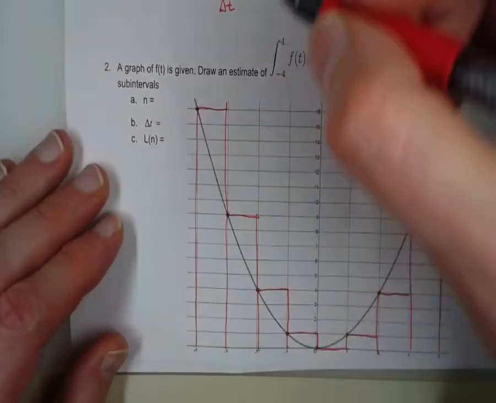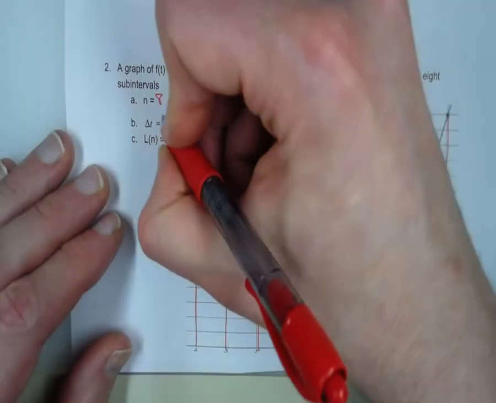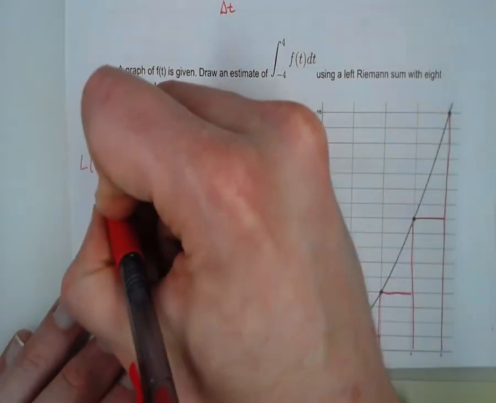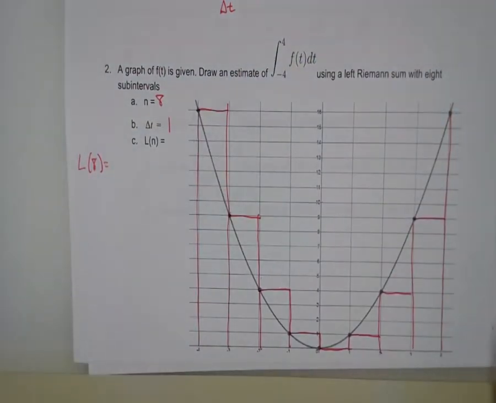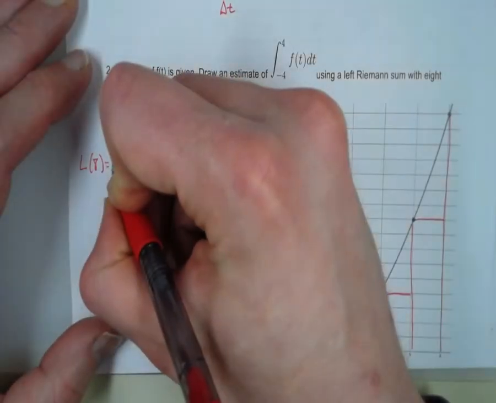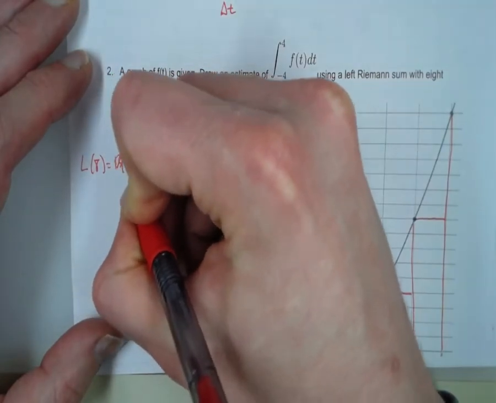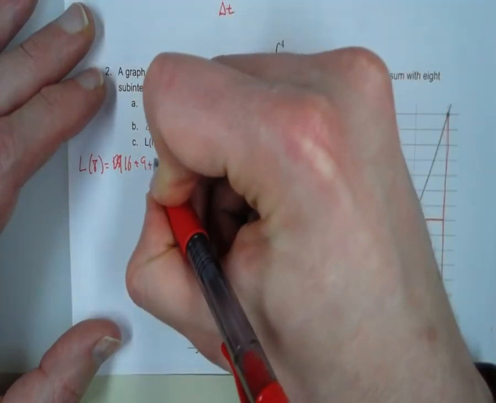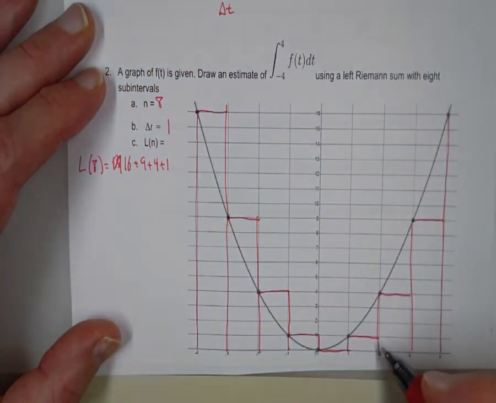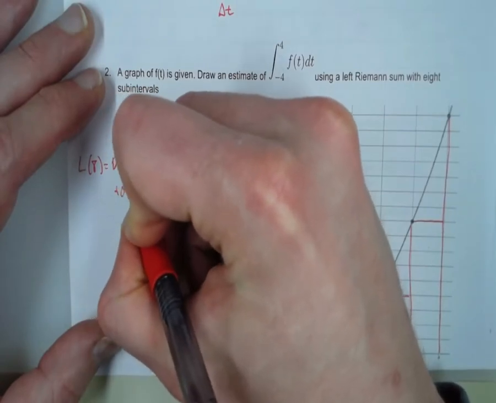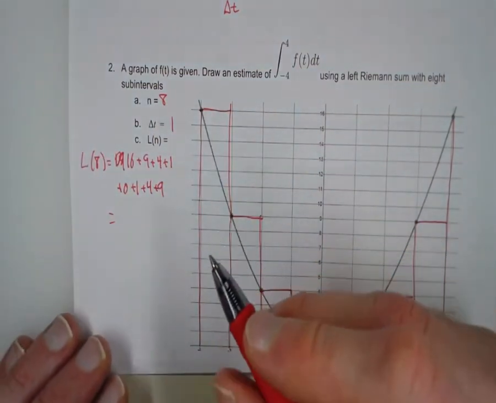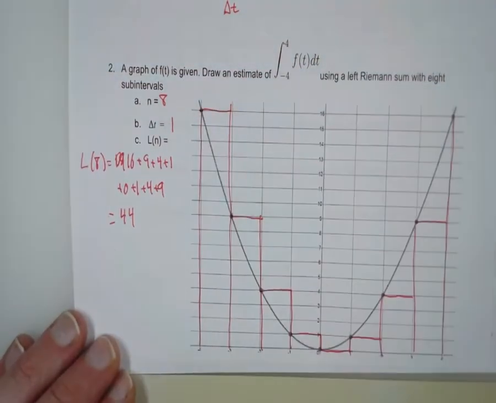Now there are 8 rectangles, and the width is 1. So now we want L8. Since the width of all these rectangles is 1, there's not much point in writing 1 times a whole bunch of times, so instead I'm just going to write the height. So that's 16 for the first one, plus 9 for the second, 4 and then 1. And then we go 0, 1, 4, and 9. And when we add all of those together, we should get 44.